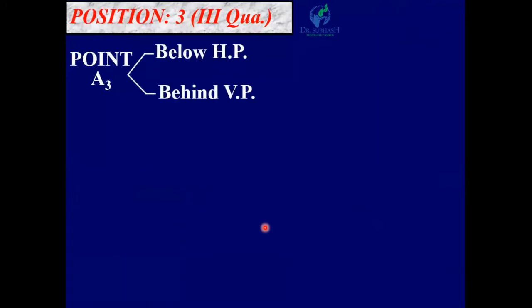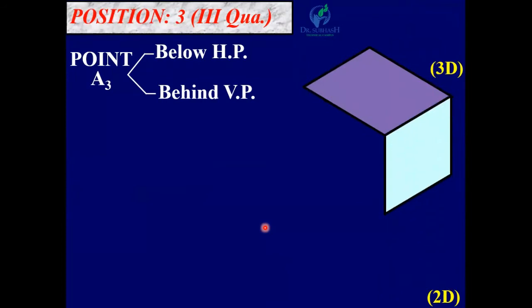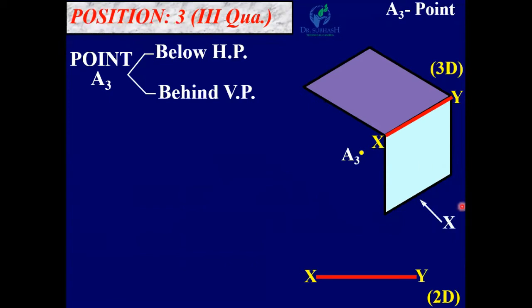Now let us see position 3, third quadrant. Point A3 is below HP and behind VP. Third quadrant means below HP, behind VP. In three-dimensional, we have the horizontal plane and the vertical plane with the XY line. Point A3 is here, denoted by yellow color. Now looking from this X direction, its front view is A3 dash.